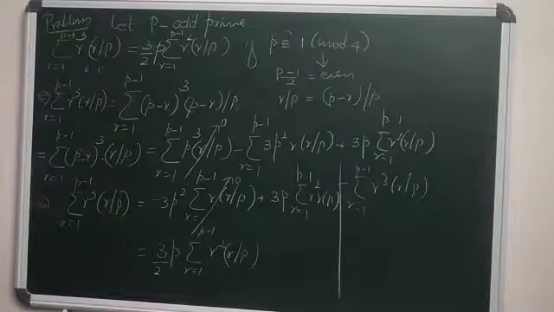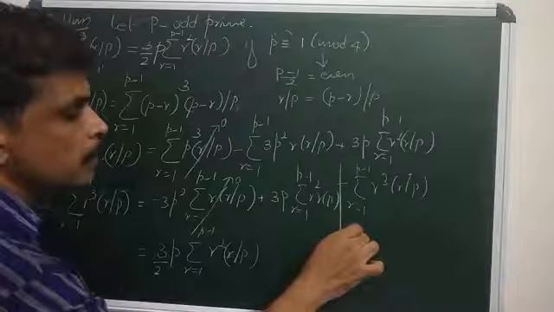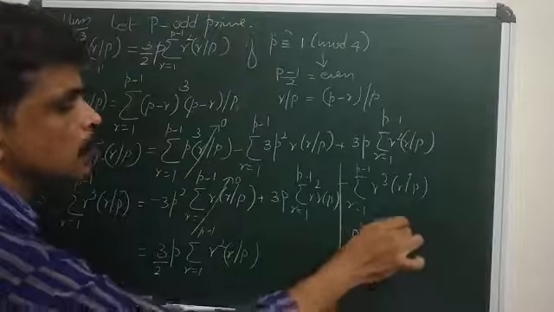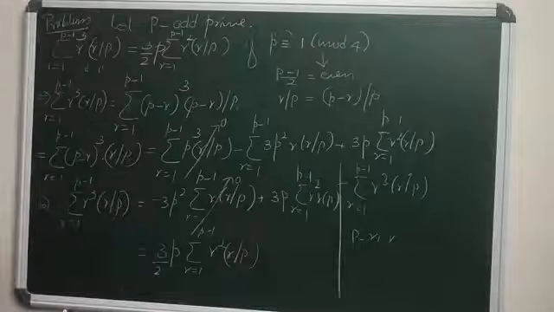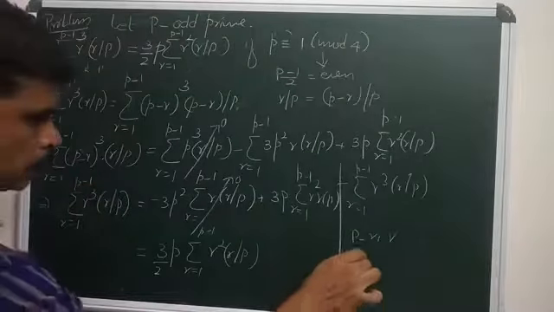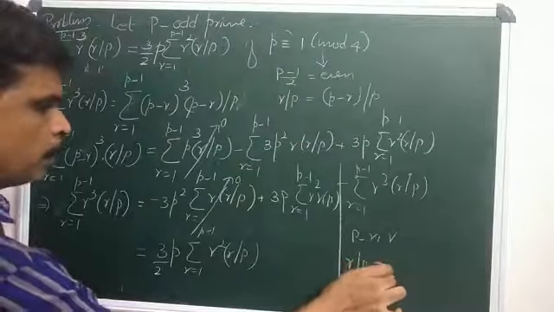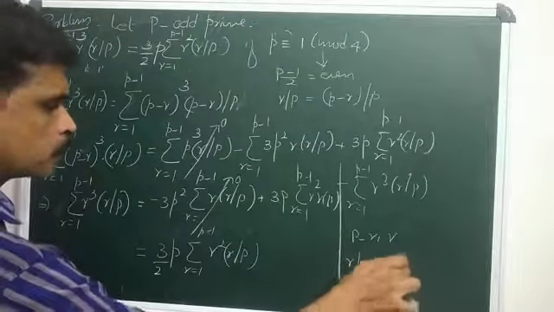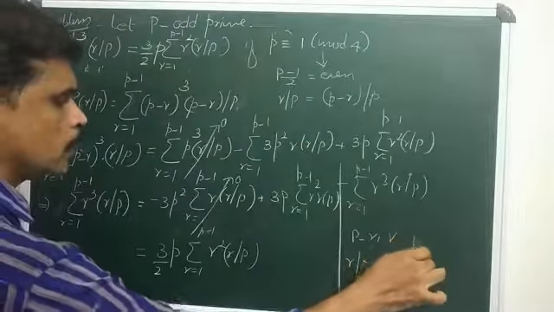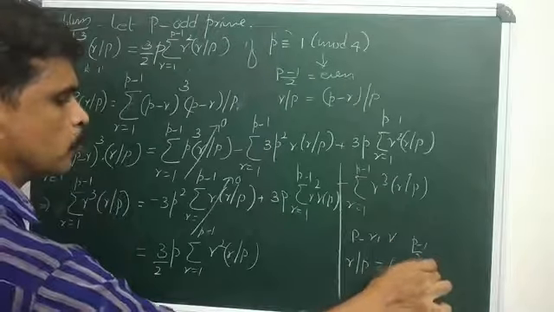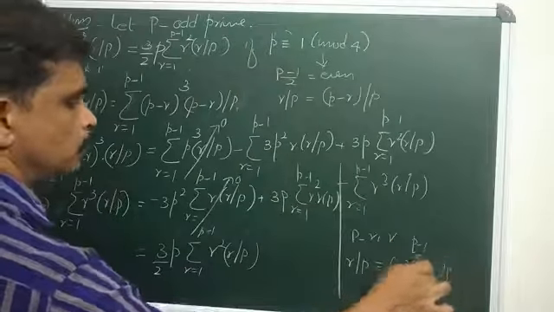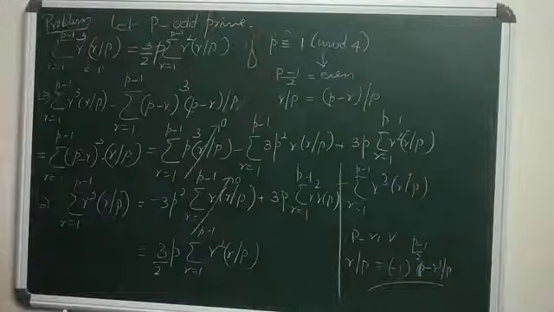Agree? So here we use two important ideas. That is, P minus R and R run through the same numbers 1, 2, 3 etc. to P minus 1. Moreover, the result is R by P equals minus 1 to the power P minus 1 by 2 into P minus R by P. So these are the two important results.